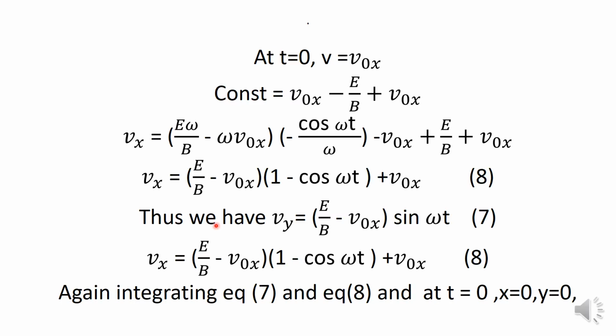Now to find the position of the charged particle at any time t, we integrate these two equations: we integrate vx to find x and integrate vy to find y, and apply the boundary condition at t = 0, x = 0 and y = 0.